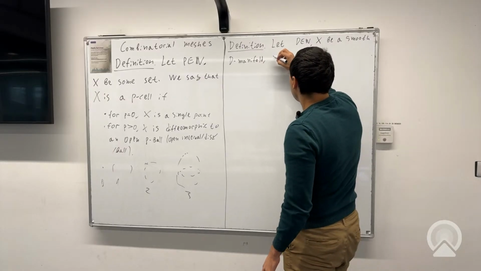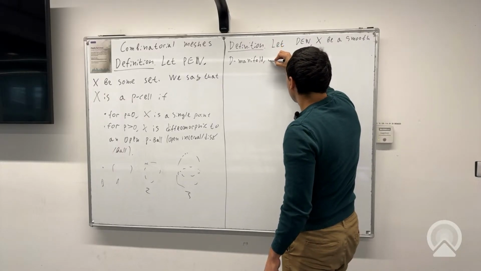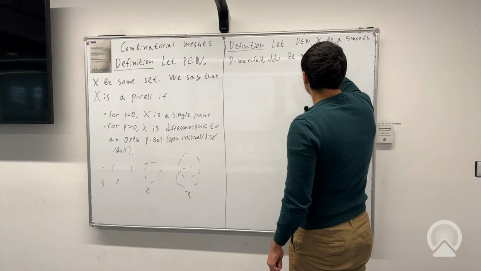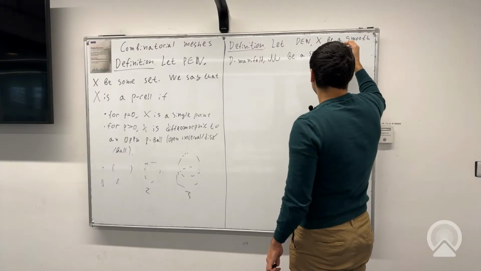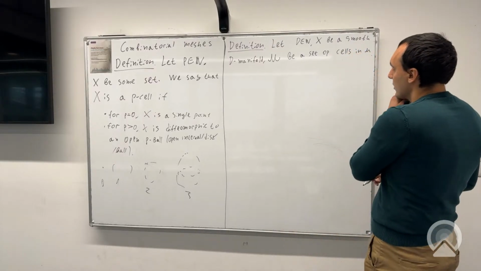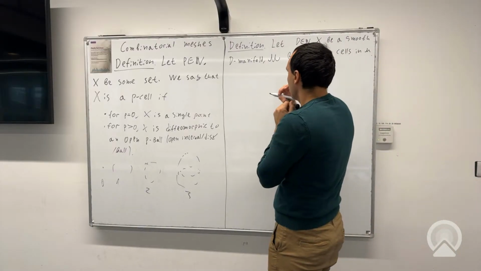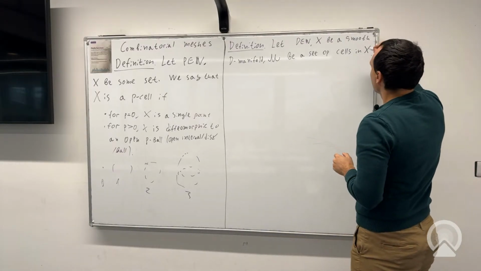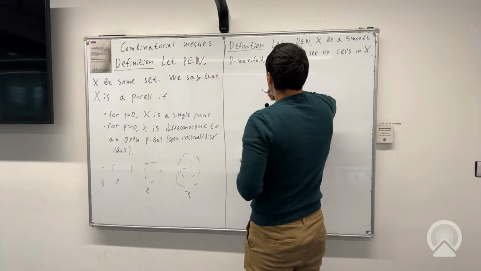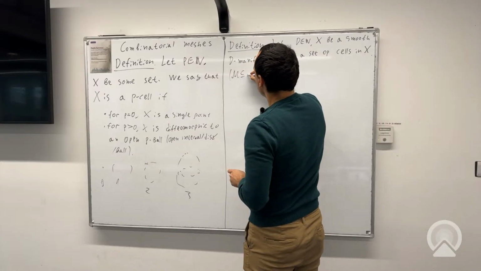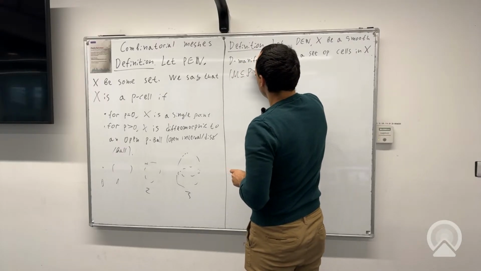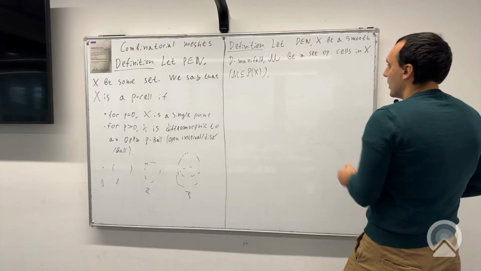And let M be a set of cells in X. So this is some family of sets in X, so it can be said that it's a subset of the power set of X.